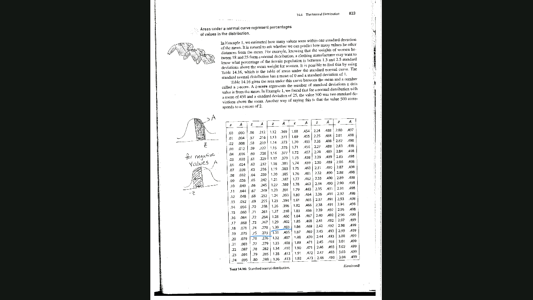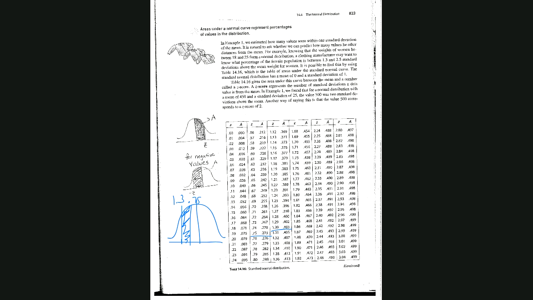That's 0.403. Now I'm just going to redraw this here. This is 1.3. That's 0.75. So now I want only this area.